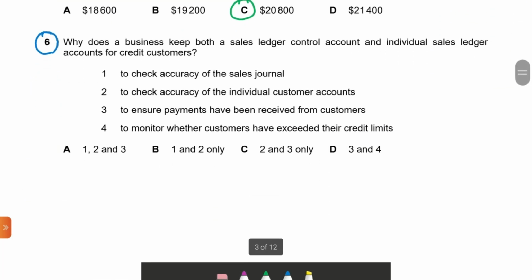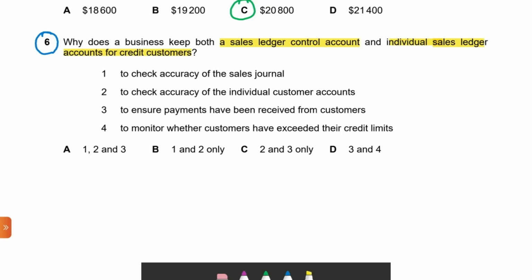Question number 6. Why does a business keep both a sales ledger control account and individual sales ledger accounts of its credit customers? The sales ledger control account is the total sales ledger account, while the individual sales ledger is only the individual sales.